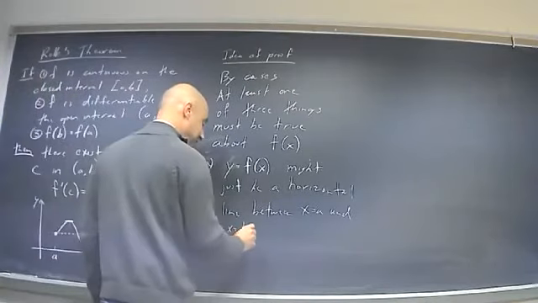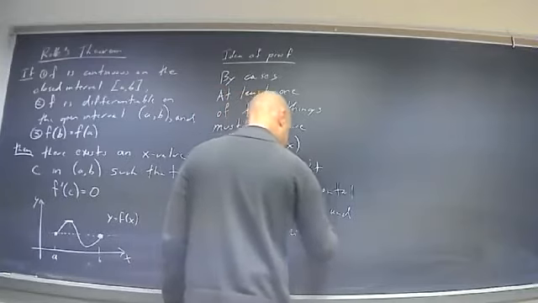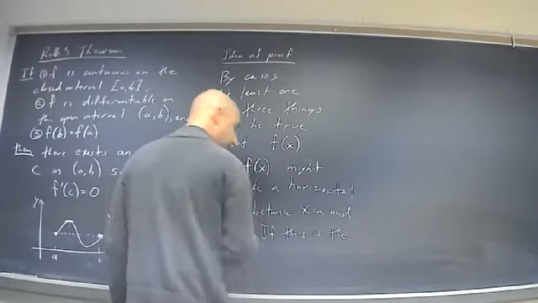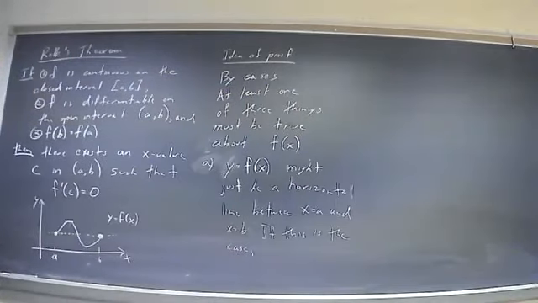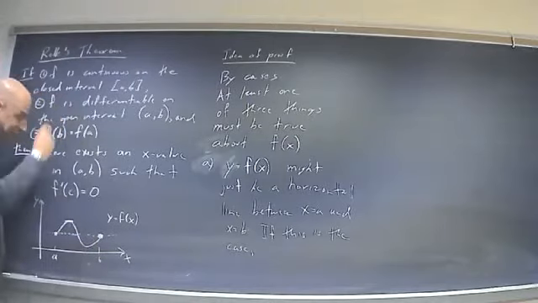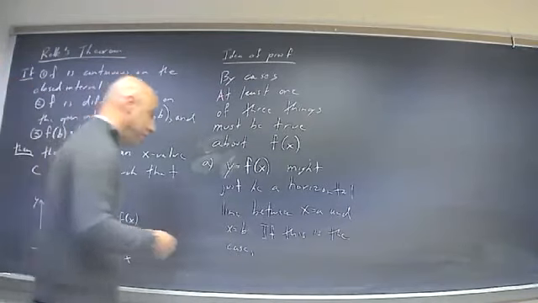If that's the case, just let C be any point between A and B. If it's a horizontal line, then any point between A and B has a tangent line that's horizontal, derivative equals 0.